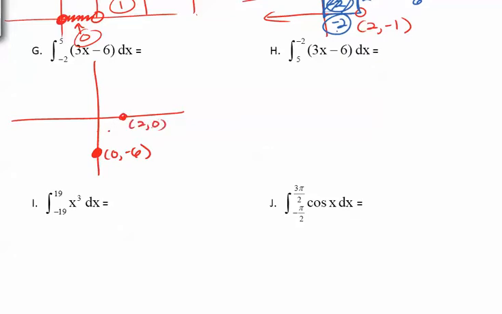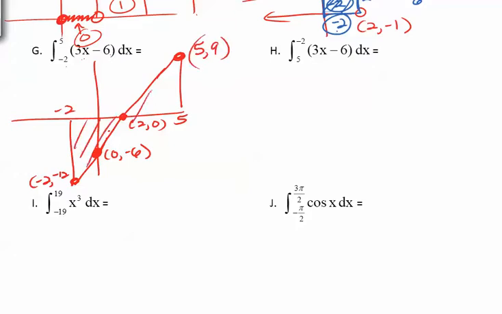So it has an x-intercept at 2, and we want to go from -2. So think what happens if you put -2 into this function. You'll have -12. And we want to stop at 5. So if we put 5 into that function, 15 minus 6 would be 9.